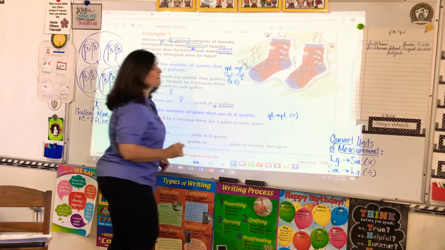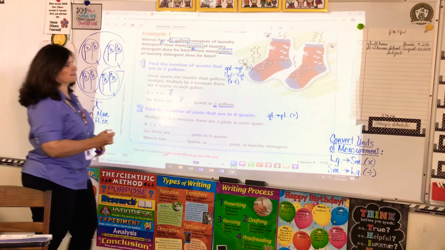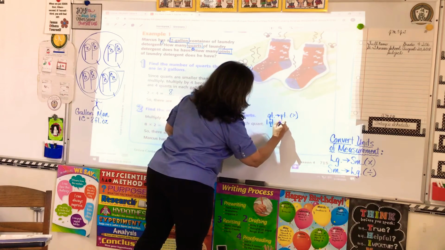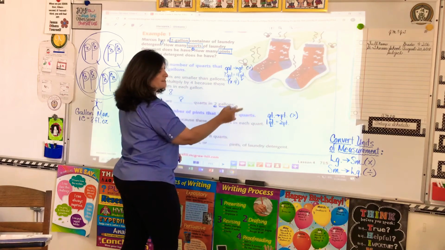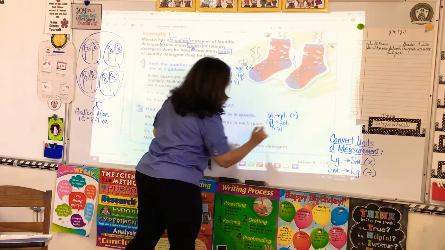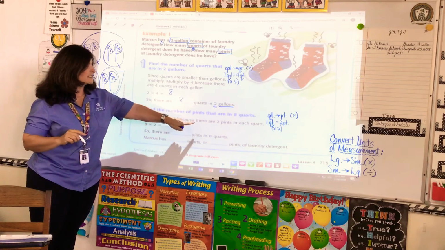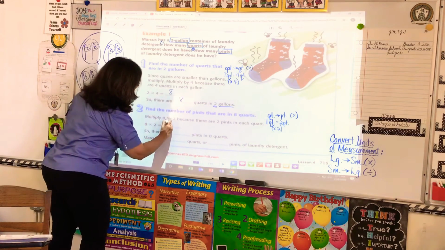We want to see what is the relationship of quarts and pints. Well, 1 quart equals 2 pints. So every time we have a quart, we're going to multiply it by 2. So multiply 8 by 2 because there are 2 pints in each quart. 8 times 2 equals 16.